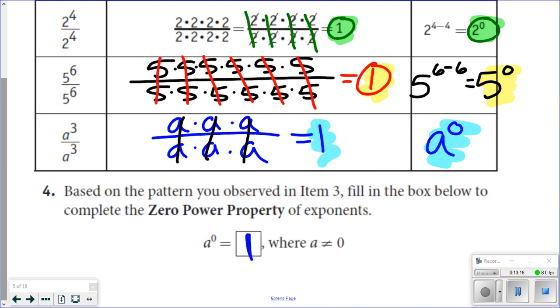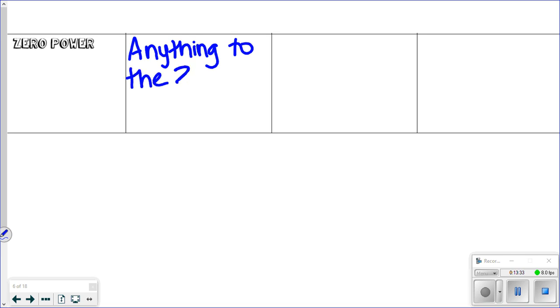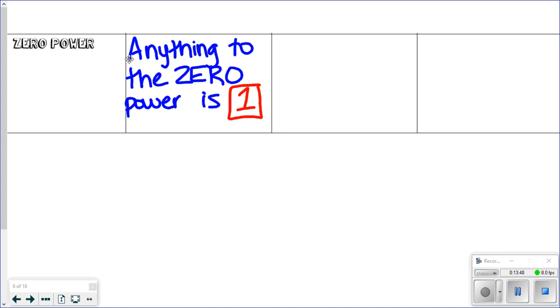Okay, so we're going to write this in our organizer as well. Anything to the 0 power is 1. Always 1. Always, always, always.